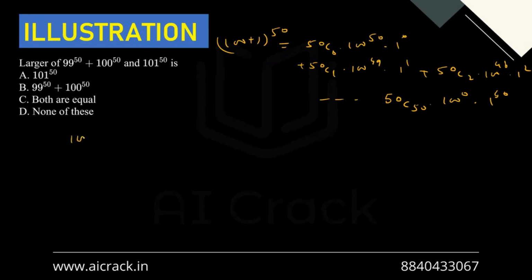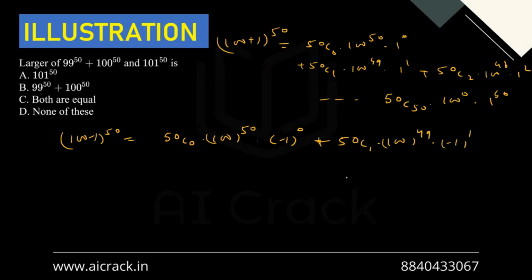Similarly, if I write (100 - 1)^50, I'll be getting 50C0 · 100^50 · (-1)^0 + 50C1 · 100^49 · (-1)^1 till 50C50 · 100^0 · (-1)^50.